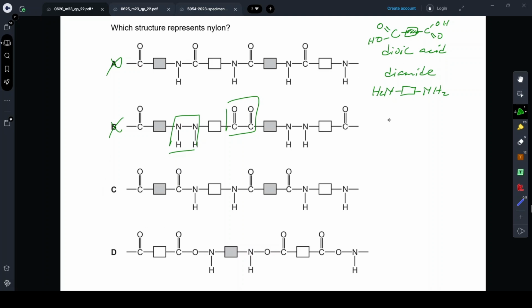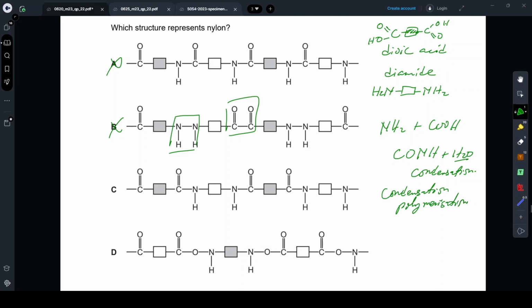What you would expect when these two come together is a CONH bond being formed and water being given off. That's called a condensation reaction, right? And that's why this is called condensation polymerization as opposed to addition. So it's C. Yes.